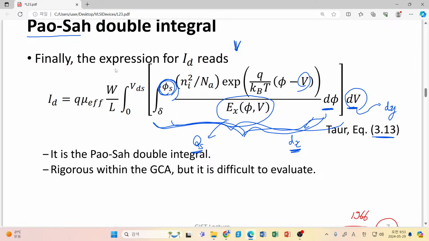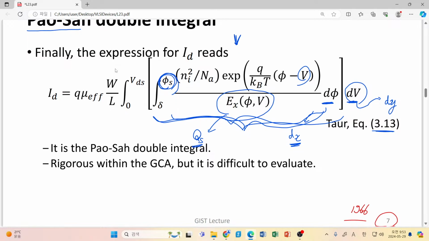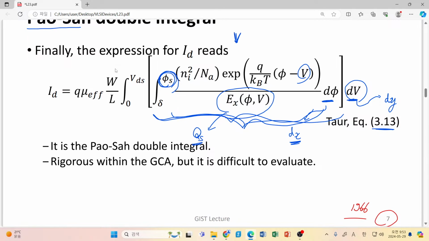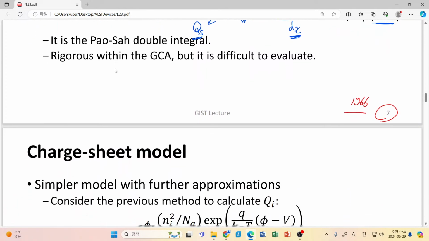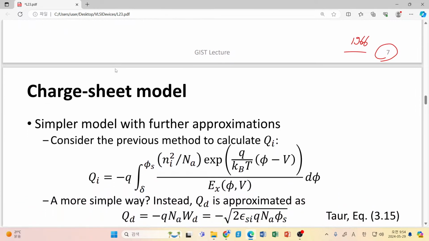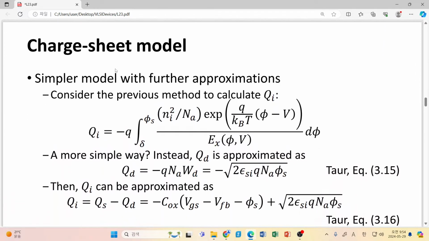So okay, good. Now let's introduce a further simplification. This integral, as I told you before, cannot be calculated analytically, so people do not like it. Although it is accurate, we introduce another approximation.